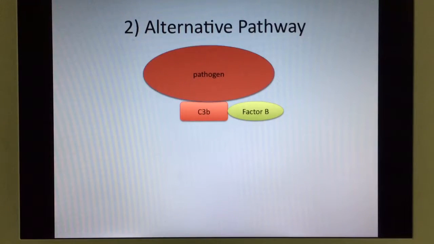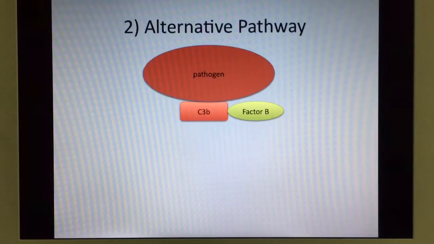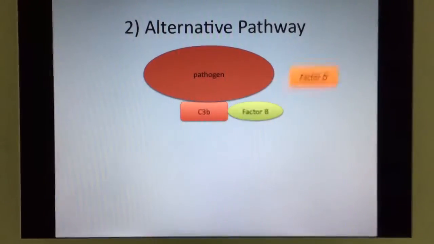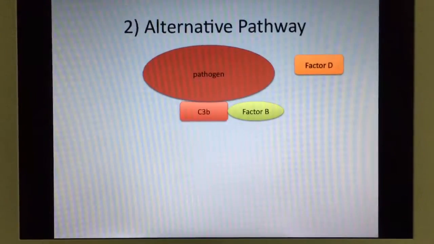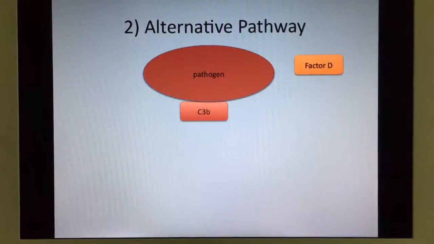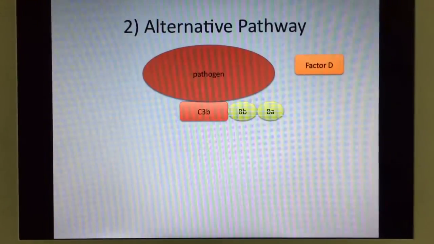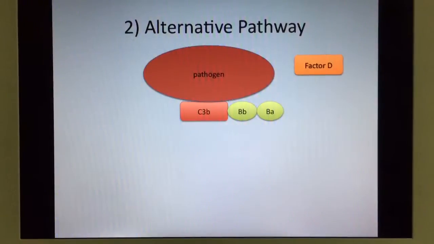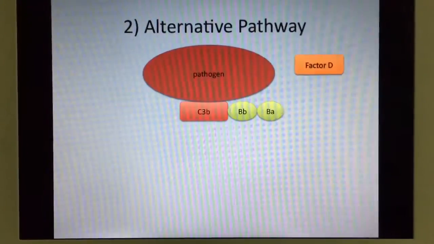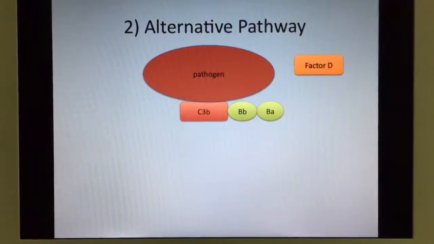Factor B will bind to C3b and be cleaved by factor D into Bb and Ba. Bb remains bound to C3b while Ba will dissociate from the complex.